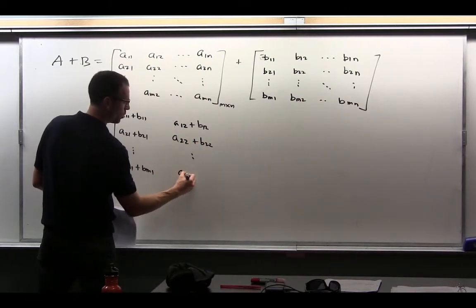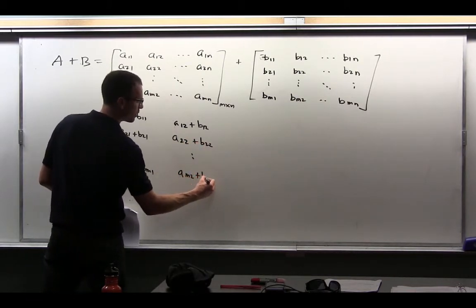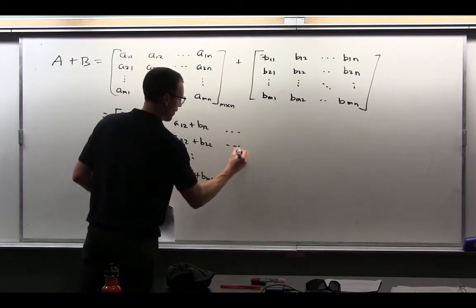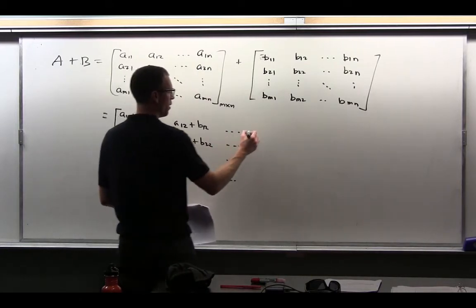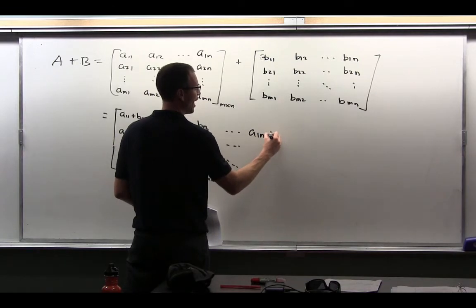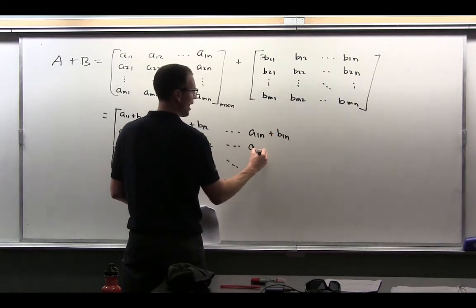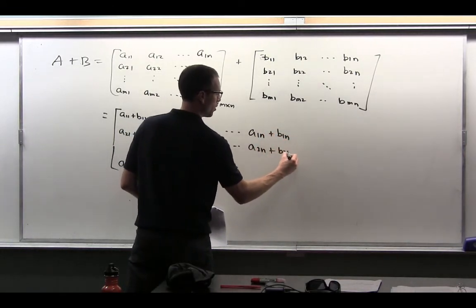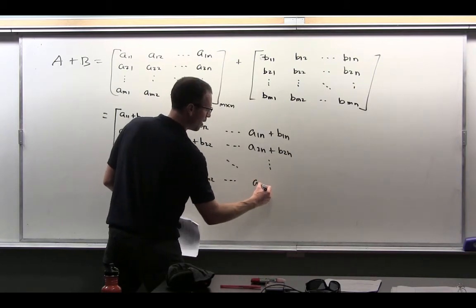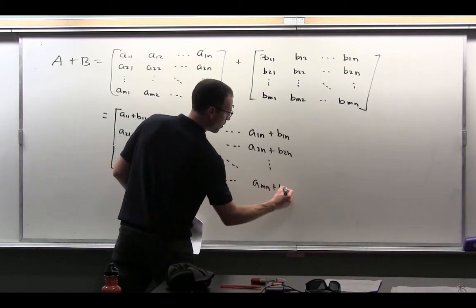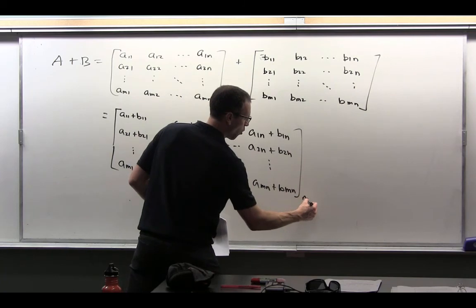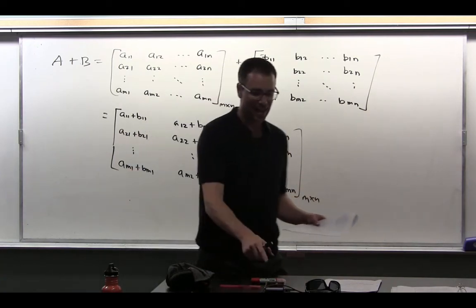All the way down to AM2 plus BM2, and then keep going. Now what? A1N plus B1N, you got it, and then all the way down to AMN plus BMN, and that whole thing would be in M by N.